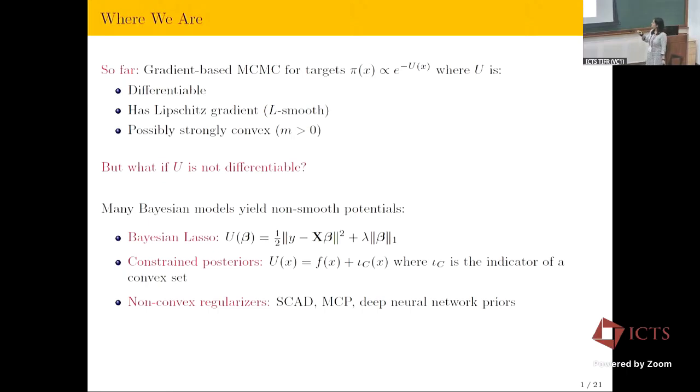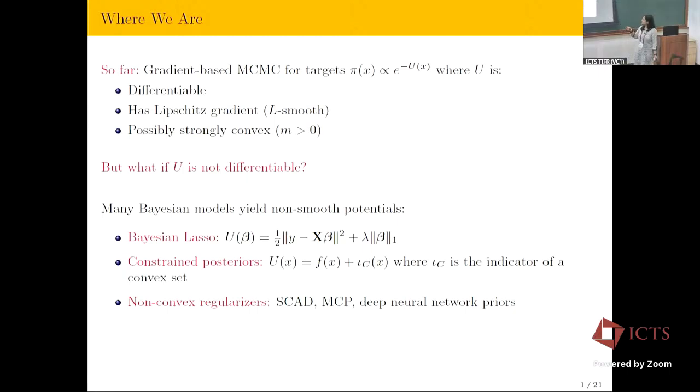In which case, we can write U as my original, unrestricted part of the potential, plus a constraint that basically makes this infinity outside of the constraint set. So if the potential is infinity outside of the constraint set, that makes the target density zero, right? So that's one way that we have non-smooth potentials.